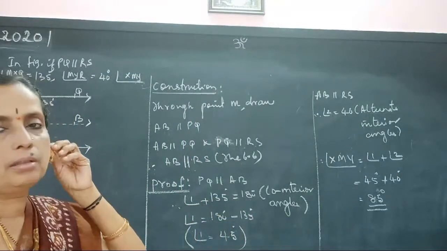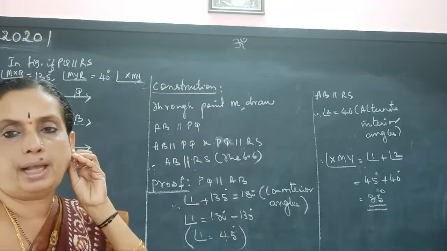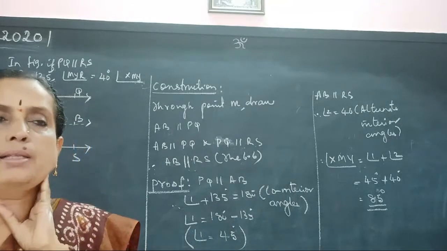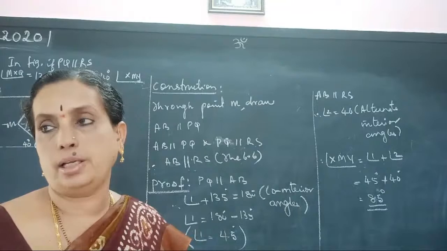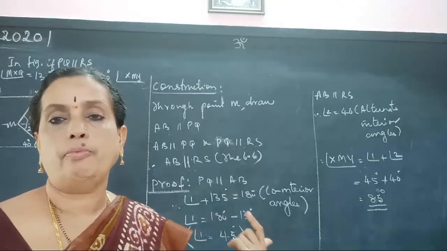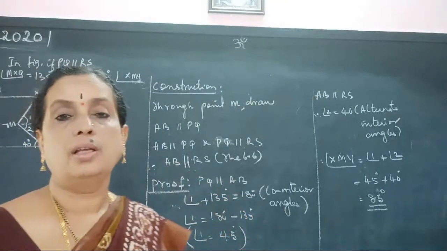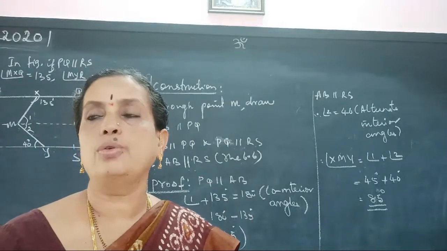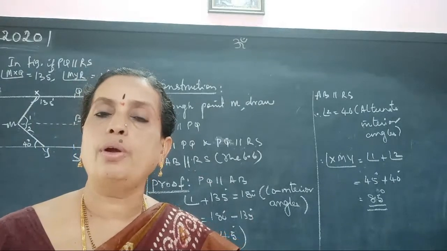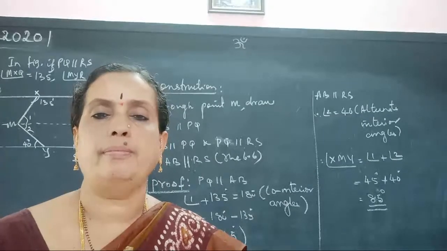So here we got one pair as co-interior angles, another pair as alternate interior angles. In the previous problem, the figure was like this only, but in both cases we applied the co-interior angle property.